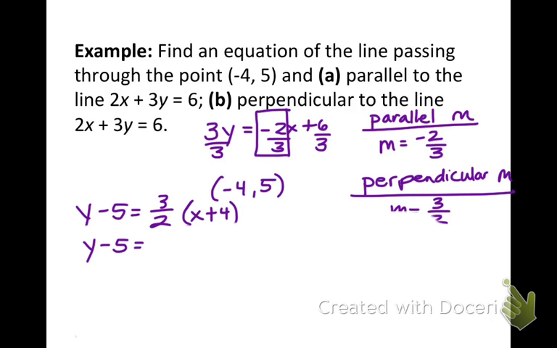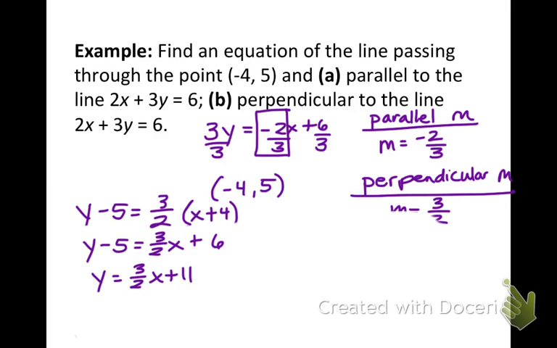Distributing, y minus 5 equals 3/2 x plus, ooh, this is nice because it's not a fraction anymore. What is that, 6? Add 5, y equals 3/2 x plus 11. Do you think it'll be easier just to get rid of that fraction now instead of waiting until the end?